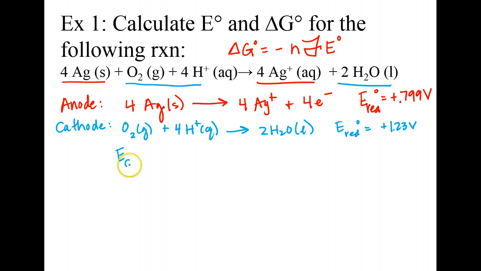As we've discussed previously, to determine the electromotive force, or E-cell, or potential difference, any of those terms that are used for the same thing, we take the reduction potential of the cathode and subtract the reduction potential of the anode.